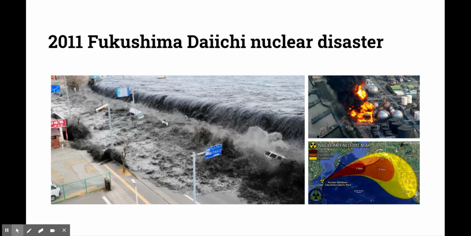The example I like to give is related to the 2011 Fukushima nuclear disaster. If you're not familiar with this, a large earthquake sparked a large tidal wave to hit the coast of Japan, and this ended up striking a region of Japan that had a nuclear power plant.